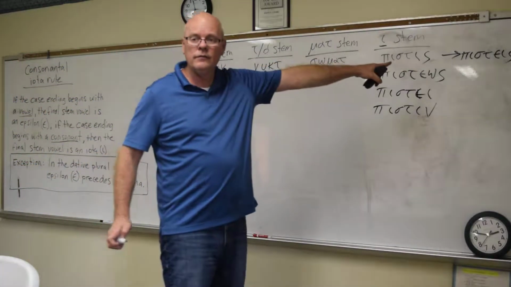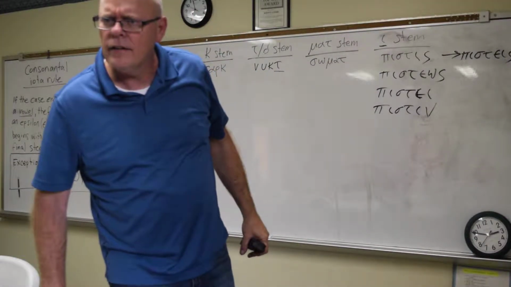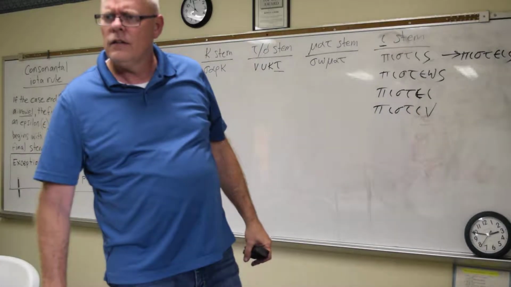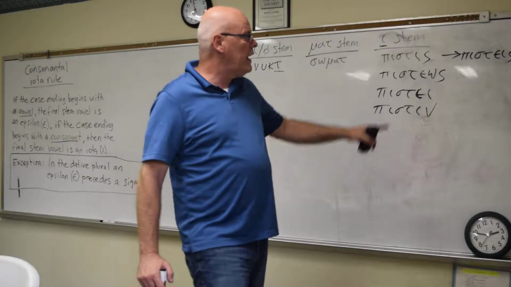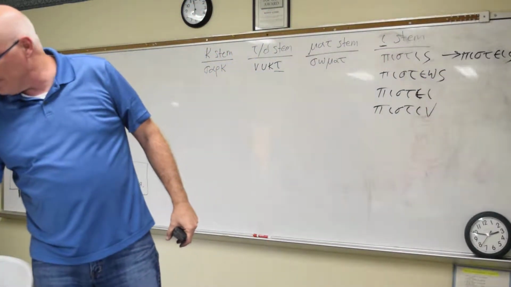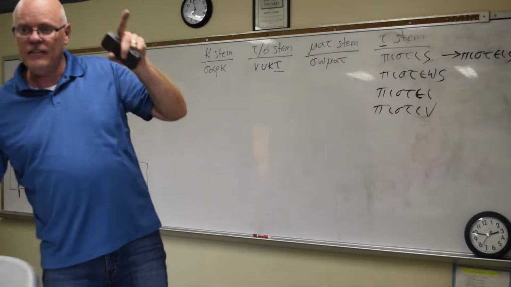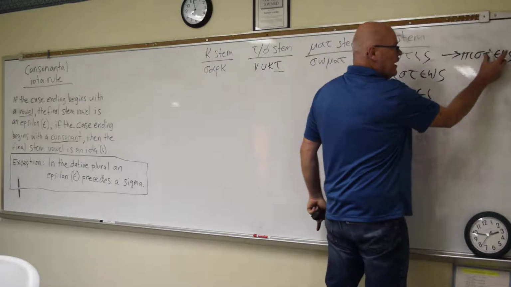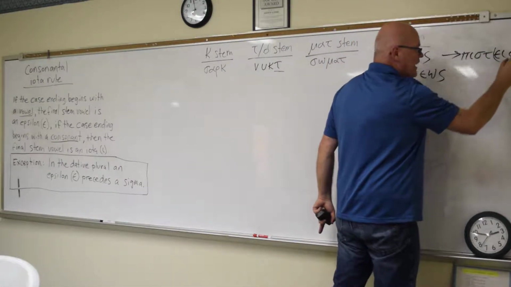So it doesn't change to an eta then? No. What do you mean? Change what to eta? Remember, we were just saying that since there's two epsilons, it would change to an eta, and you said yes. Yes, it does, but this is the ending that you're going to use, the ice ending. So yes, you are putting an eta here, and it is contracting, and this is the ending now.